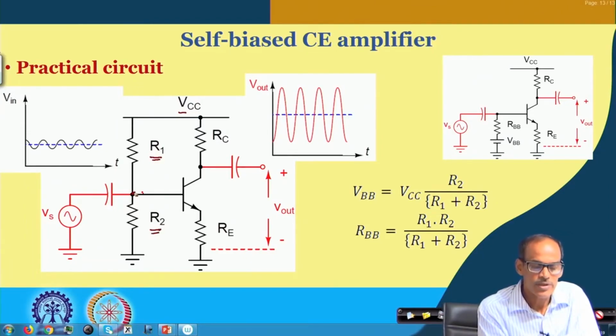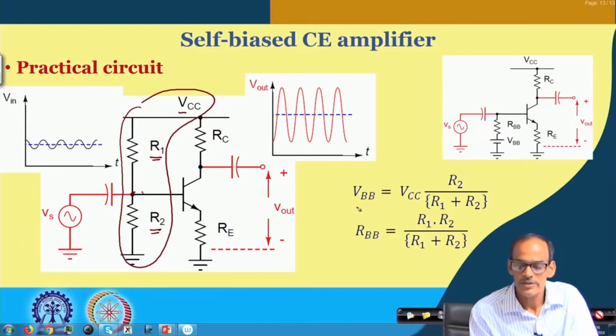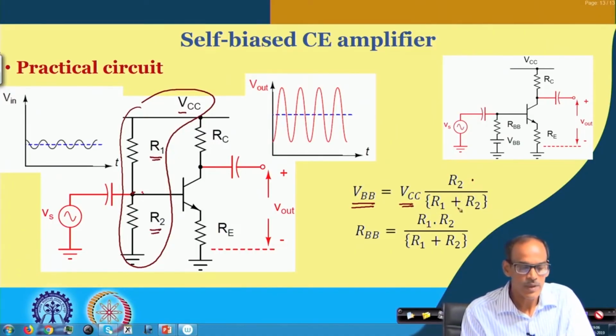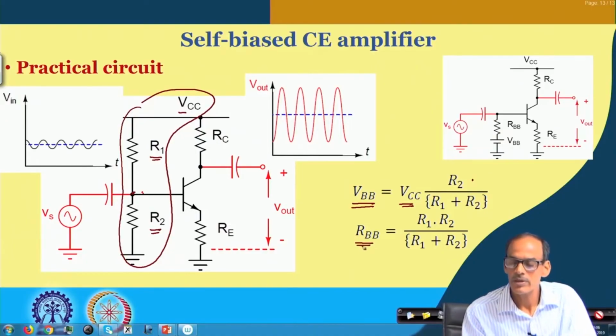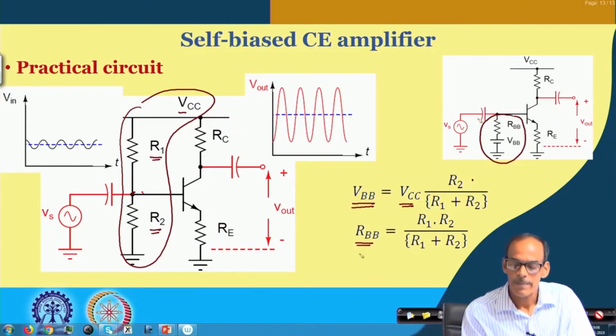So, the voltage coming here, if I consider the Thevenin equivalent voltage source of this one along with the VCC, what we can get is VBB, which becomes VCC multiplied by R2 divided by R1 plus R2, and then the Thevenin equivalent resistance RBB, which we have drawn in the previous circuit.